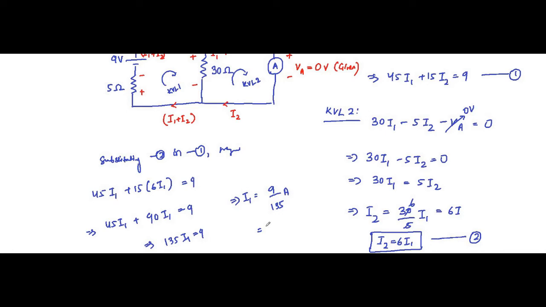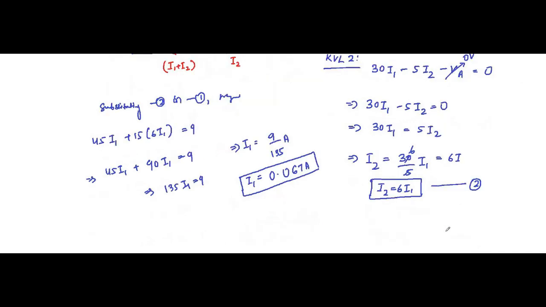0.067 ampere. So here I1 we calculated as 0.067 ampere, and I2 is equal to 6 I1.